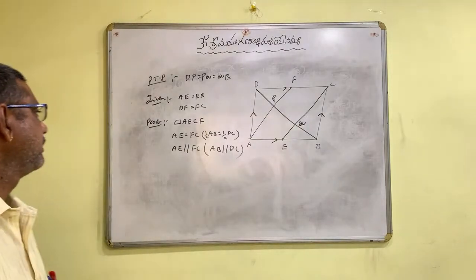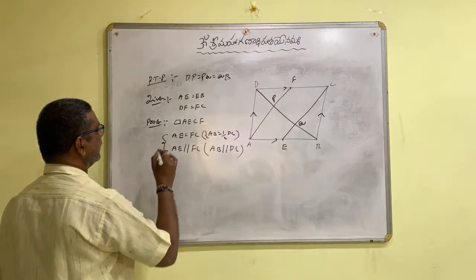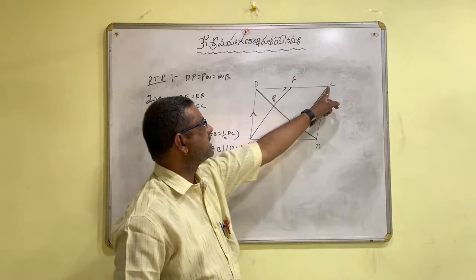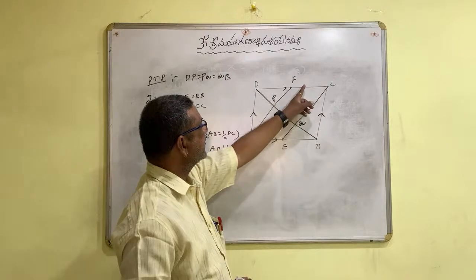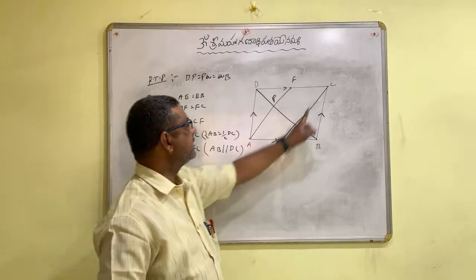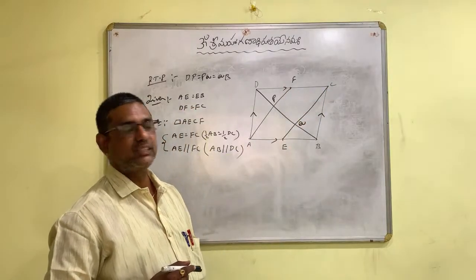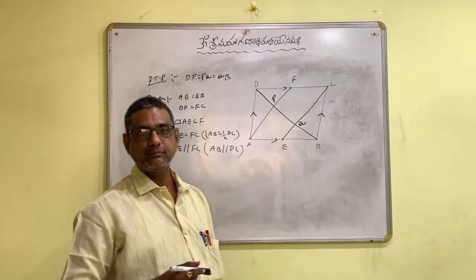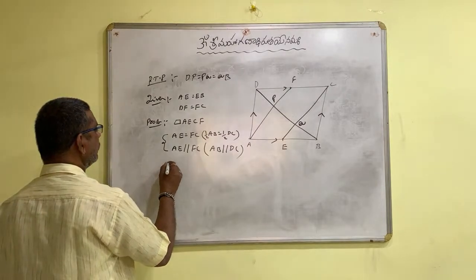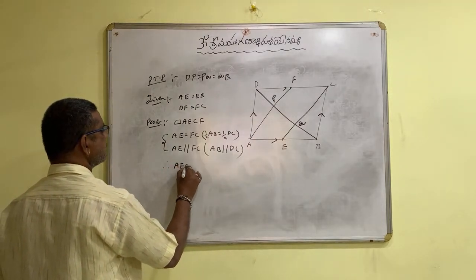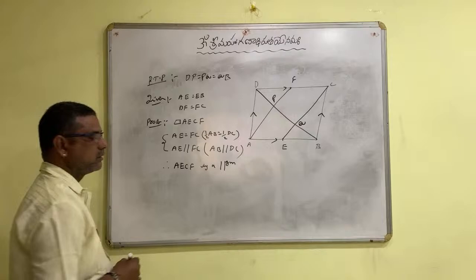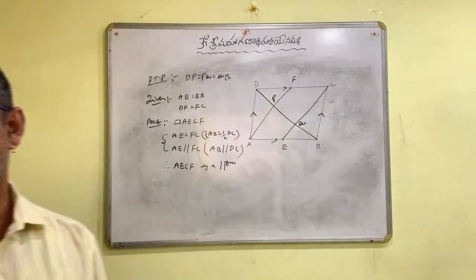Now, if we observe these two points in quadrilateral AECF, opposite sides are parallel and equal. Therefore, AECF is a parallelogram.